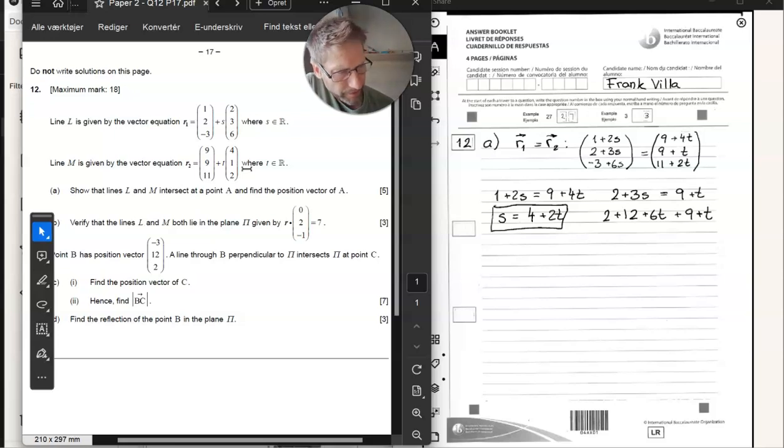And then we subtract t. We get 5t on the left side, and we get 7, and I subtract 12, then I get minus 5, and the solution is that t equals minus 1. And then I substitute this back. I get the value of s is 4 minus 2 is 2.